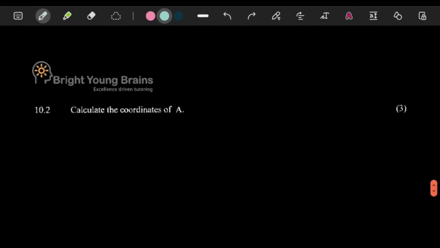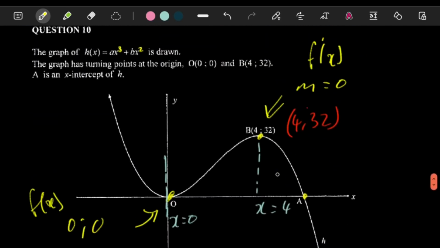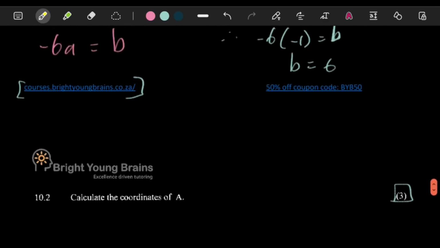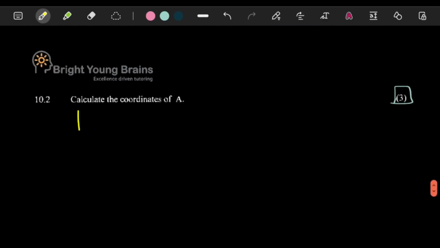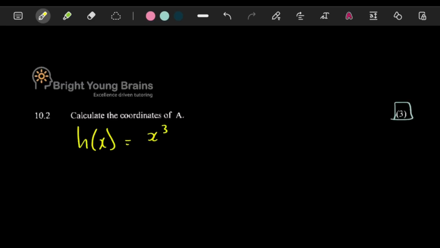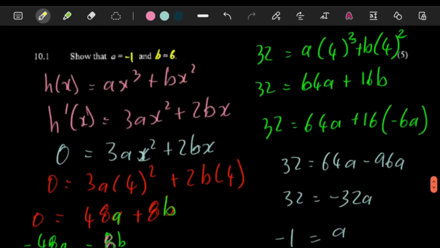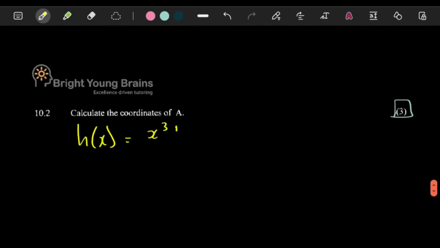Calculate the coordinates of A for 3 marks only. Where is A? A is over there. A is an x-intercept. We have the full equation of the graph, so it should be okay. h of x is equal to x cubed plus 6x squared. They want us to get the intercept, so you can just factorize this.